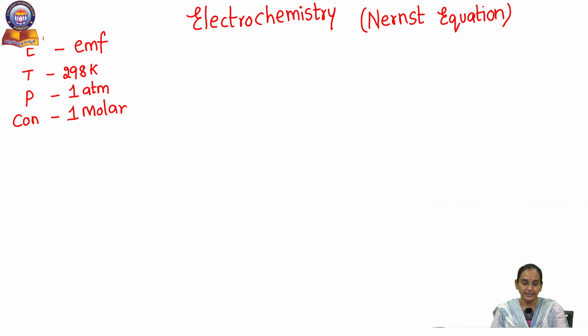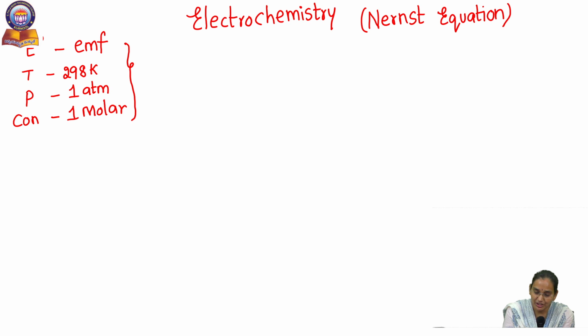If we calculate the EMF of the cell while maintaining these parameters, temperature, pressure, concentration, we call it E naught. It is the standard EMF for that cell.